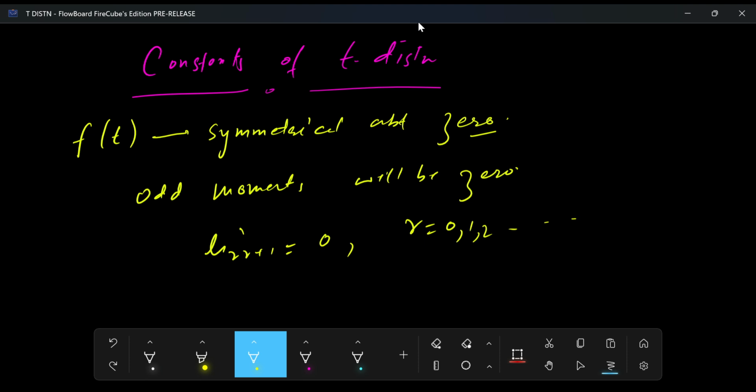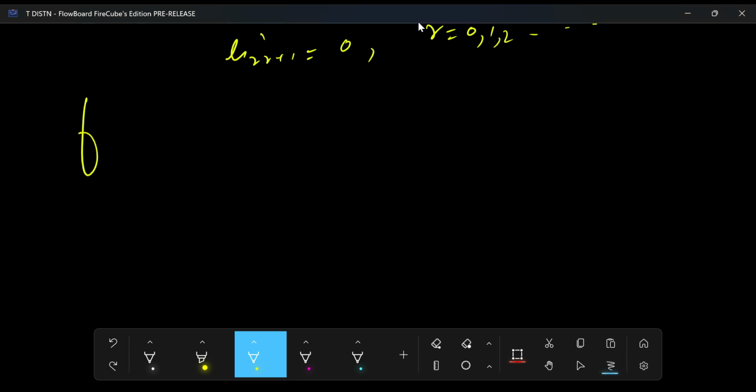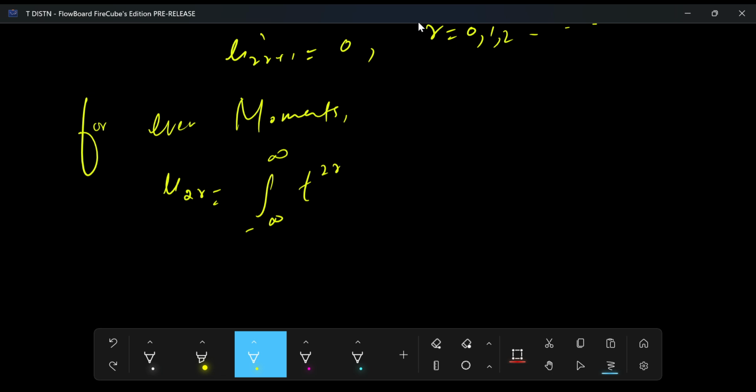But for even moments, that's mu 2r, that will be the integral from minus infinity to infinity of t to the 2r f of t dt. As the function is even, that's f of minus t is equal to f of t.